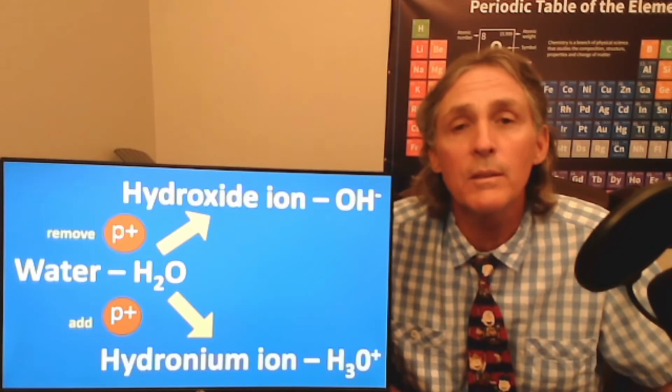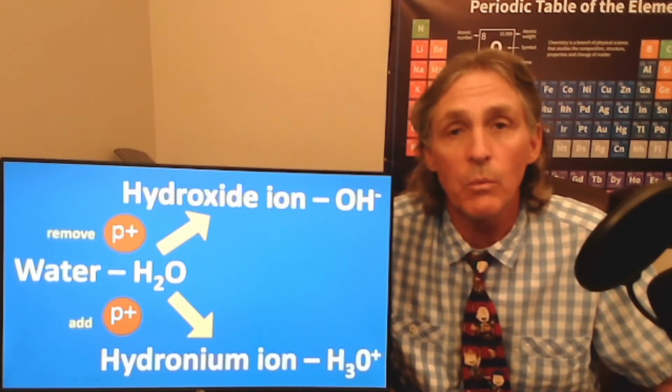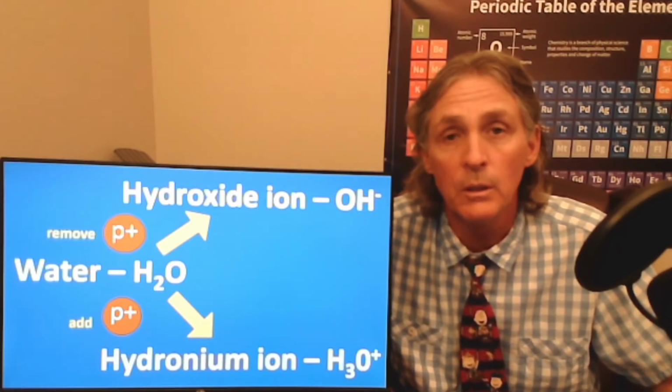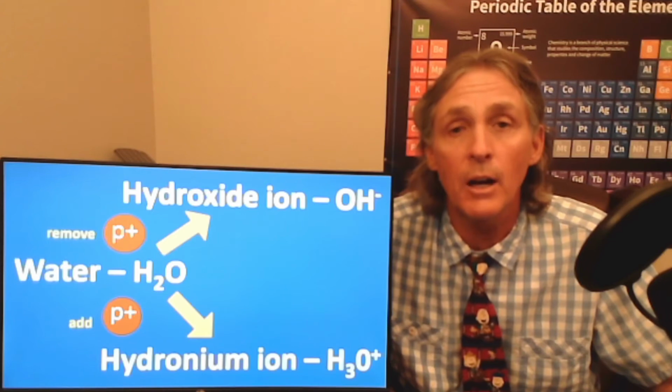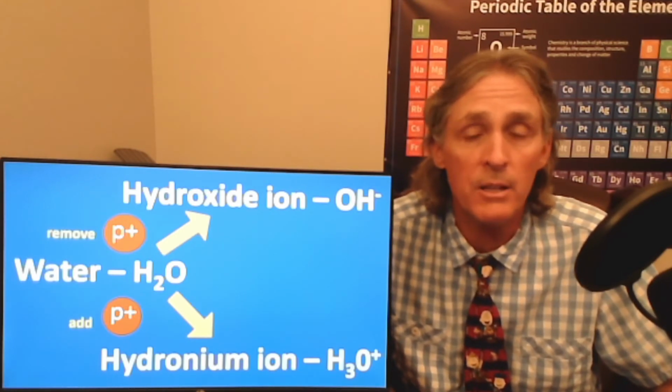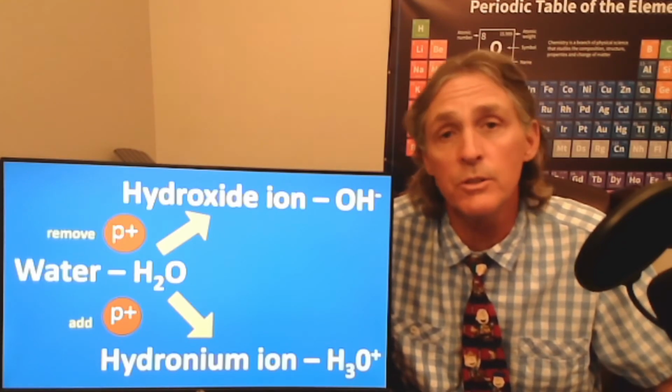So when we talk about water, we cannot just think of H2O. Water is actually 3 entities in one. So when we think about water, we need to think about H2O, the water molecule, the hydronium ion, the hydroxide ion, and how these 3 molecules pass around protons in solution.